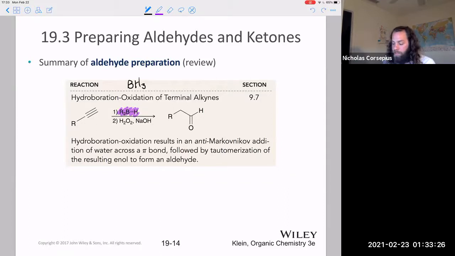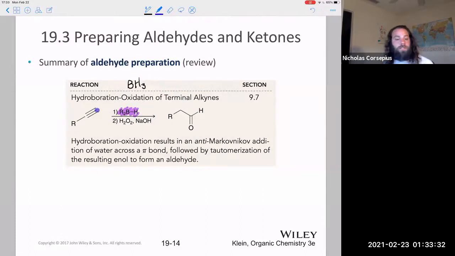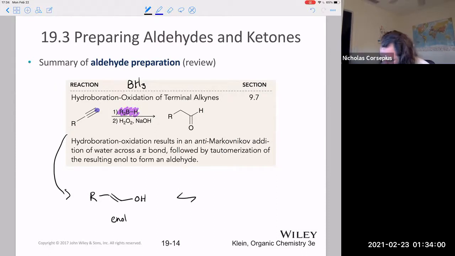Remember, what are these hydroborations doing for you? They're creating the anti-Markovnikov addition where you have addition onto the less highly substituted group. And what really happens in these reactions, if you remember, is that first you put a hydroxy group on that terminal carbon, but then this is called an enol, which will tautomerize into an aldehyde, right?